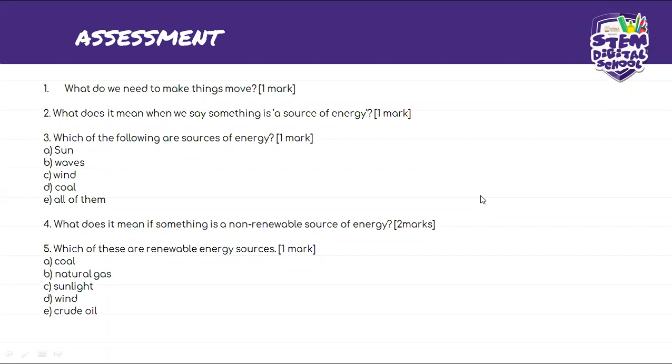What does it mean when we say something is a source of energy? Which of the following are sources of energy? What does it mean if something is a non-renewable source of energy? Which of these are renewable energy sources? So you can check to give your answers.